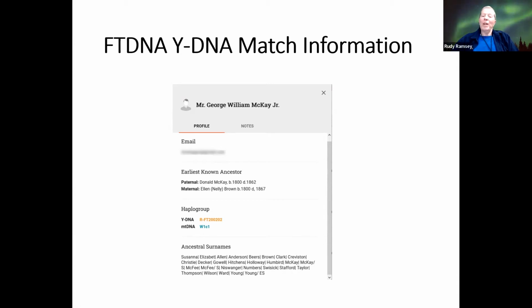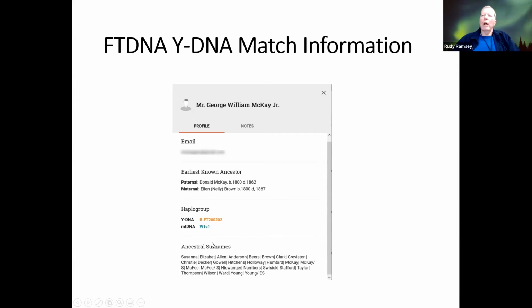They don't all work. There's somebody I'd love to reach who used his Comcast email address, and by now he's probably moved away and isn't using Comcast anymore, and in any case, the email address doesn't work. So you can't count on that. But there's an email address and his earliest known paternal and maternal ancestors, and both Y and mtDNA haplogroups.